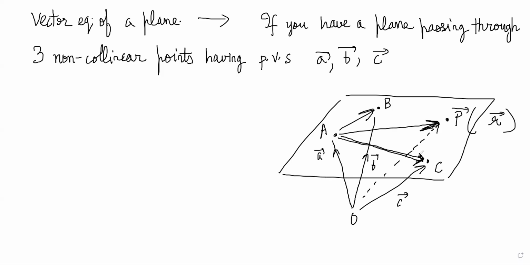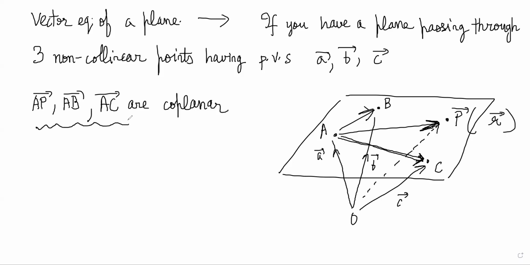If all 4 points are in the same plane, we can say that AP, AB, and AC are coplanar. You can do any other order as long as you involve all the 4 points. So we can also say, for example, PB, BC, and BA are also coplanar. There are many other combinations that you can do. CP, CA, and CB. These three vectors are also coplanar.